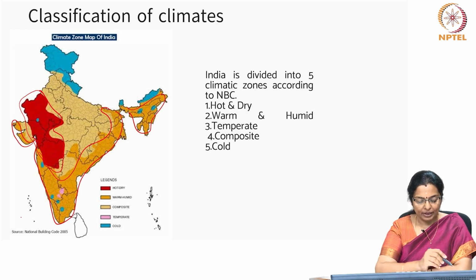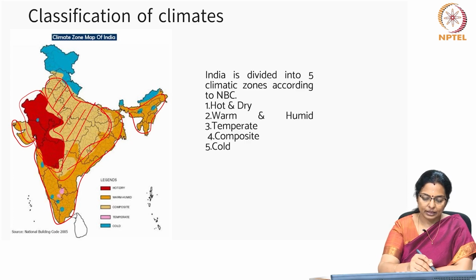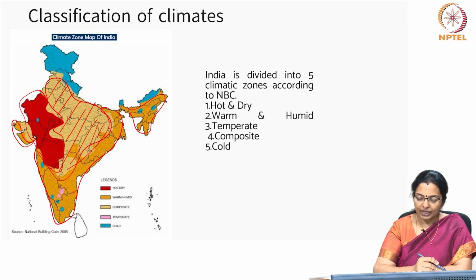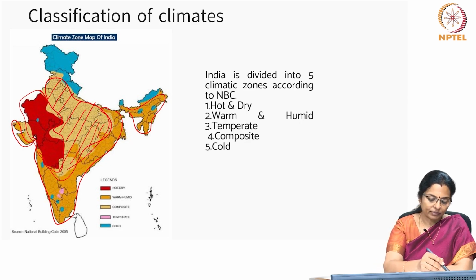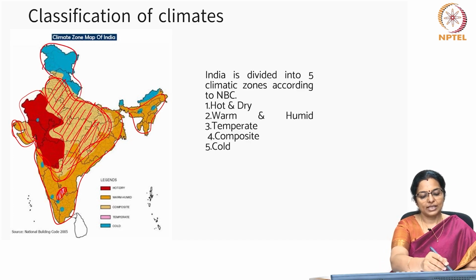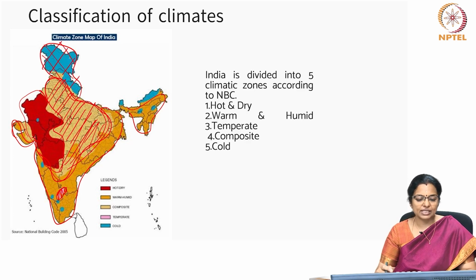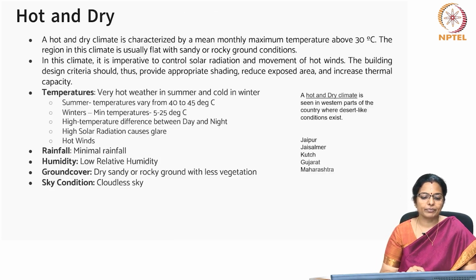There is temperate climate or moderate climate, then there is composite climate. There is a small belt of temperate climate and then there is cold climate. So these are the climate classification as per NBC, which is extremely broad for a country like India.